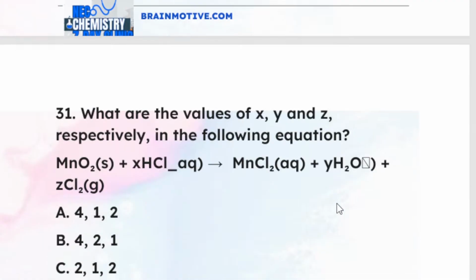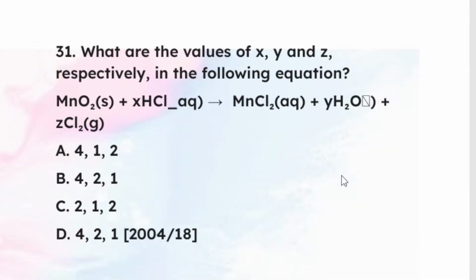Okay. So a few questions that I want to get started with. The very first question is this question. They're all past questions, and I attach the dates so that they all make sense. It says, what are the values of x, y, and z respectively in the following equation?